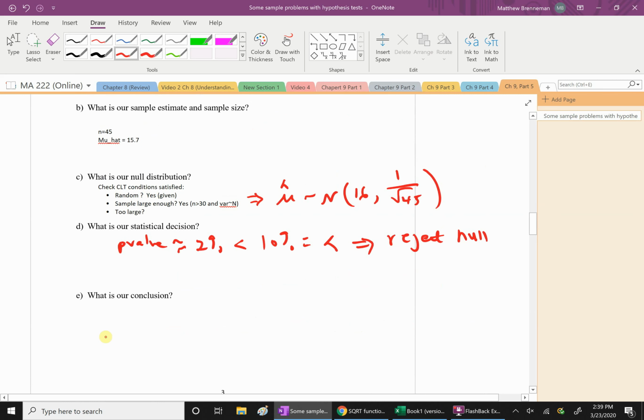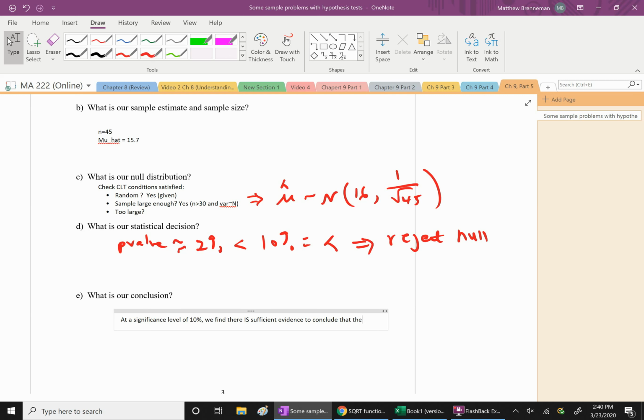Okay, so what is our conclusion? Well, we would say at a significance level of 10%, we find there is sufficient evidence to conclude that the average weight of Bardo's loaves is less than 16 ounces.